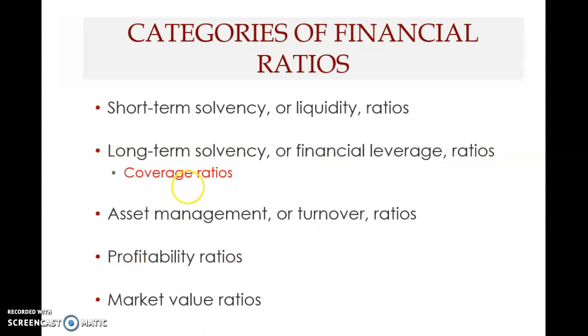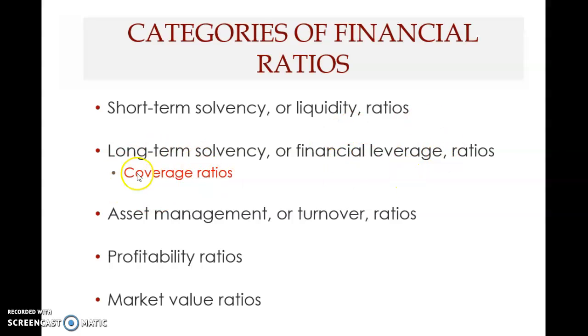When we talk about ratio analysis, there are many ratios that we need to learn in this chapter, but these ratios can be grouped into five categories. The first one is called short-term solvency or liquidity ratios. The second one is long-term solvency or financial leverage ratios.